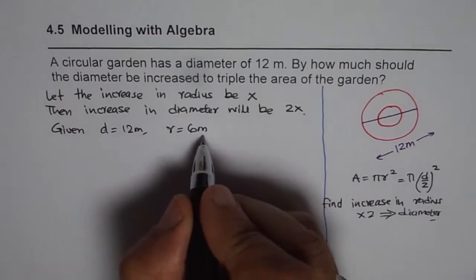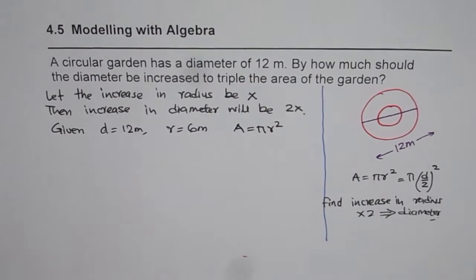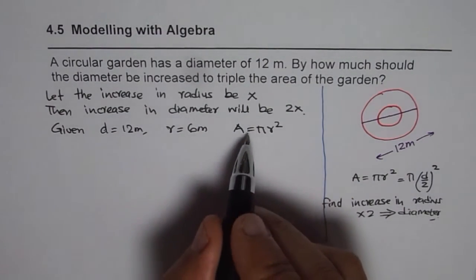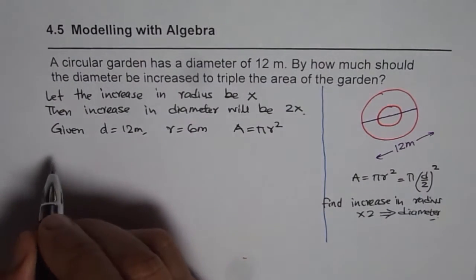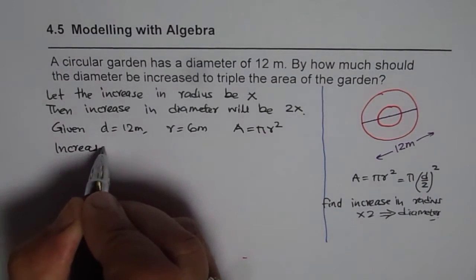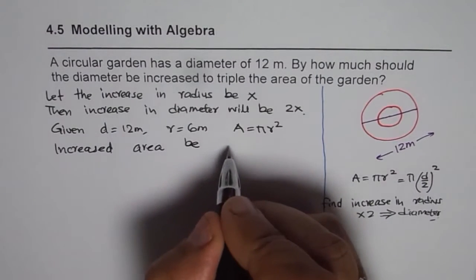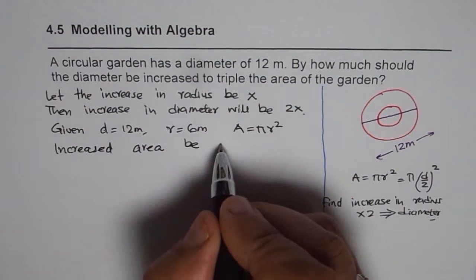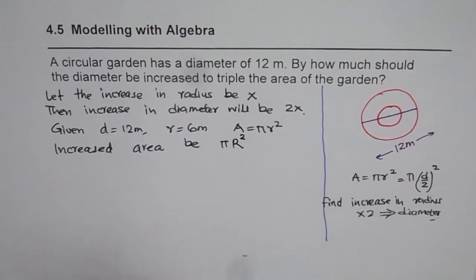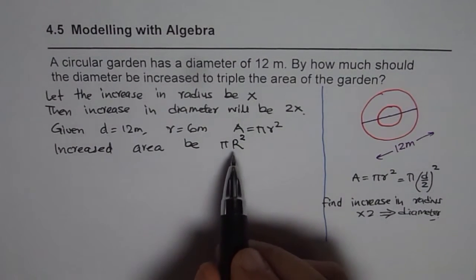Now that gives us area of pi r square, that's the formula which we know. So the current area is pi r square, right? So what is the increased area? Let's say the increased area be pi capital R square, where capital R is the radius of the bigger circle.